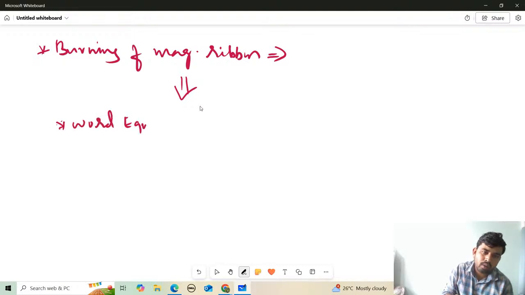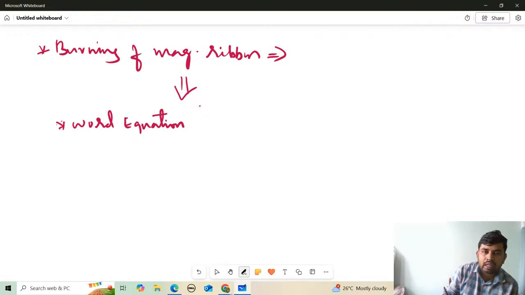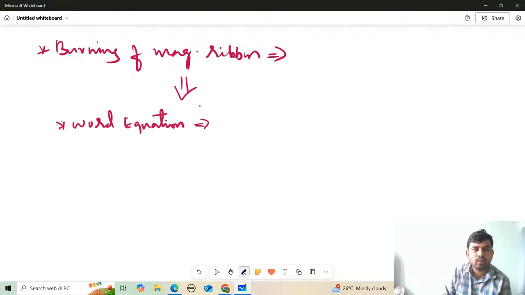How will I write it here? A chemical change is taking place, and I want to write it in short form, so I am writing it in terms of words. What substances are involved in the chemical change? First, magnesium, so I am writing magnesium here.